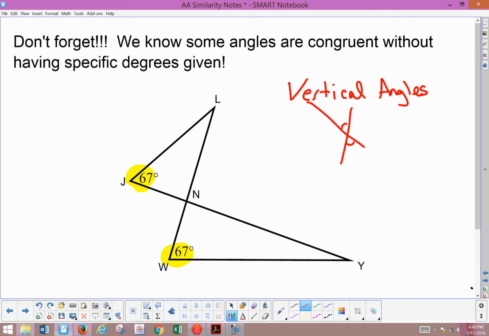So if I look at this picture, I actually have intersecting lines. I have the line LW intersecting the line JY.